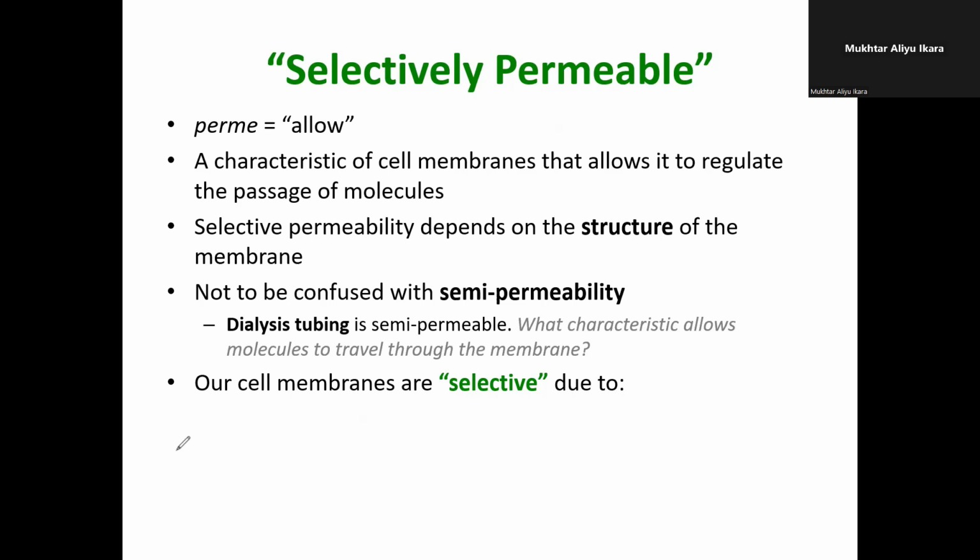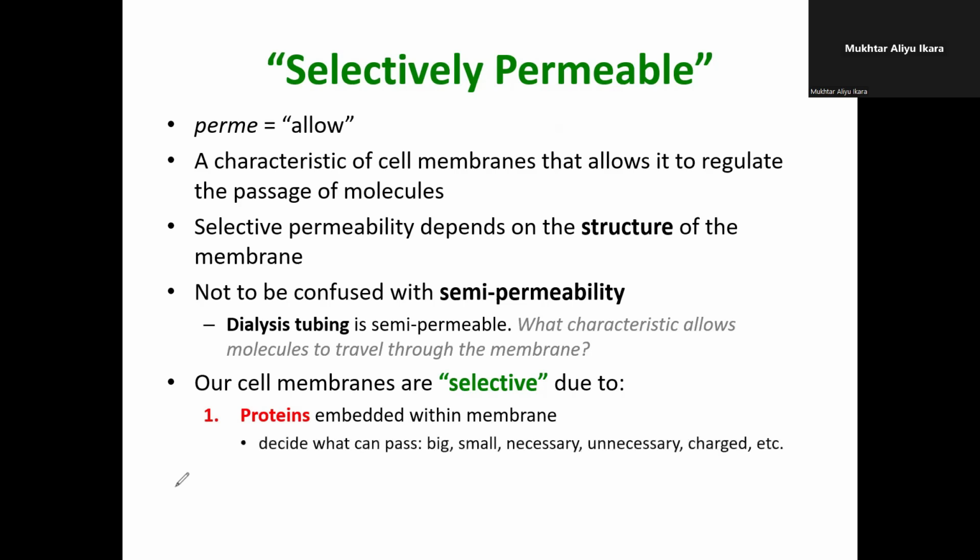The selective permeability nature of the cell membrane is due to the presence of the membrane proteins, which are embedded within the cell membrane. These proteins decide what can pass, whether it is big or small, necessary or unnecessary, whether the molecule is charged or not. And the next one is the properties of the phospholipids, which make up the layer.